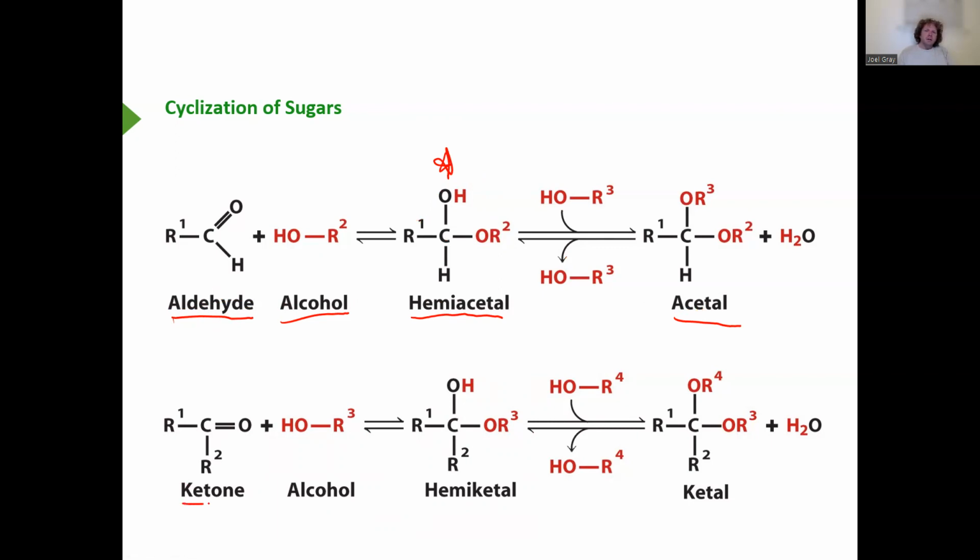When we have a ketose, we have a ketone that reacts with an alcohol to make a hemiketal. That hemiketal remains capable of reacting with an alcohol to make a ketal. But again, when we're cyclizing one sugar, we're making a hemiketal.